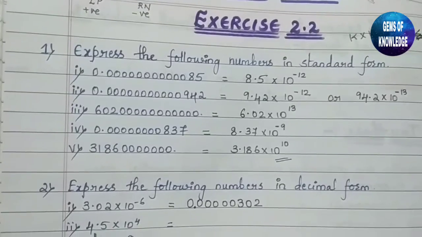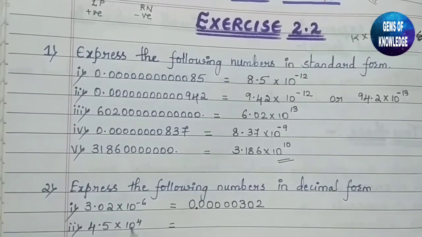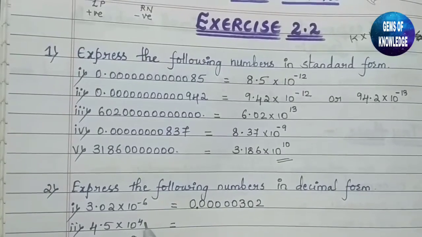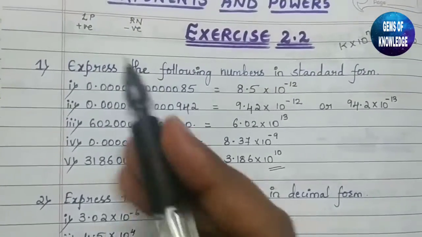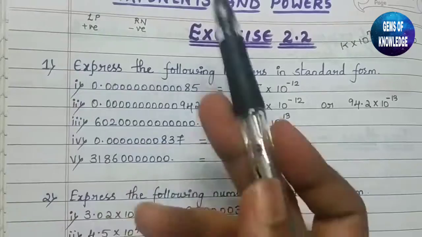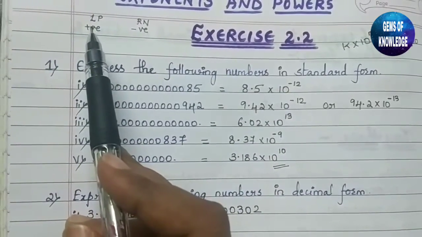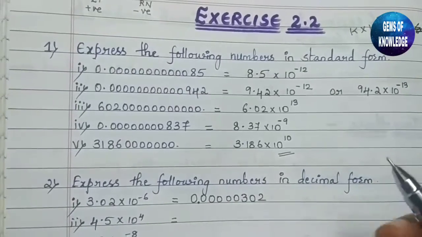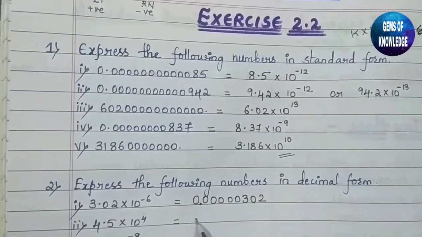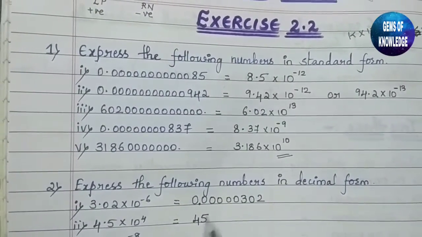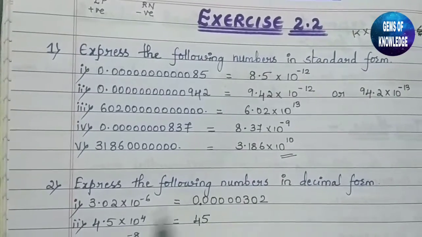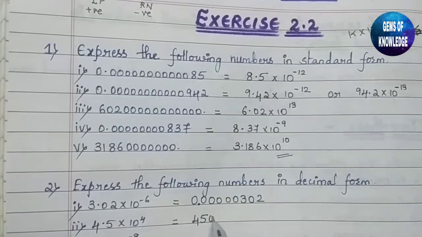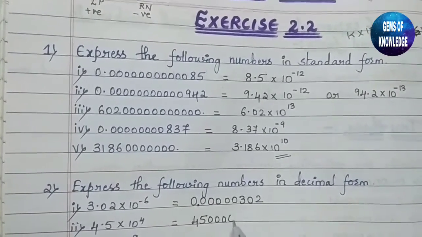Similarly, you can see the next one, 4.5 into 10 to the power of 4 is given. 10 to the power of 4 means it is positive here, so the point was moved to the left side. Now what we have to do? We have to add zeros on the right side. 4, 5. We'll not put the point first. 4 zeros we are going to put: 1, 2, 3 and 4 zeros.